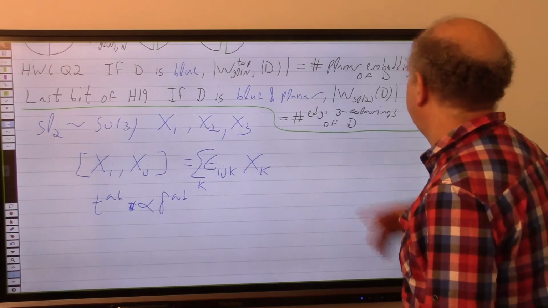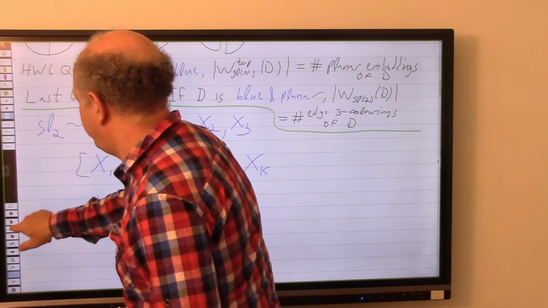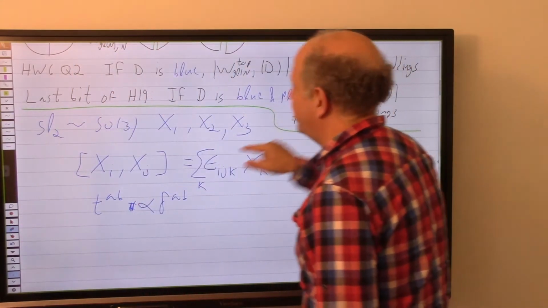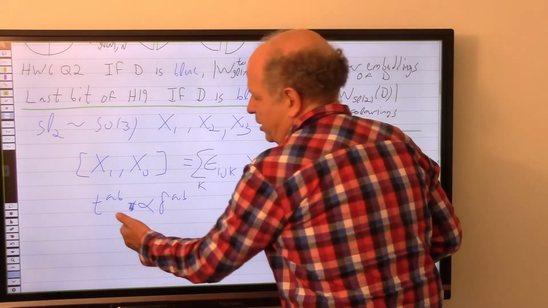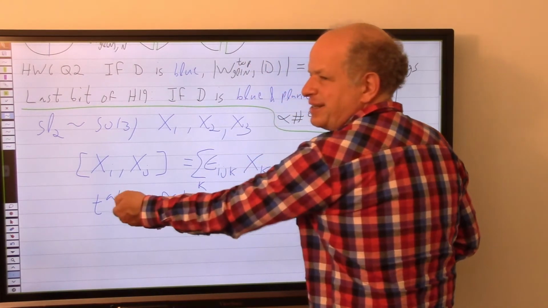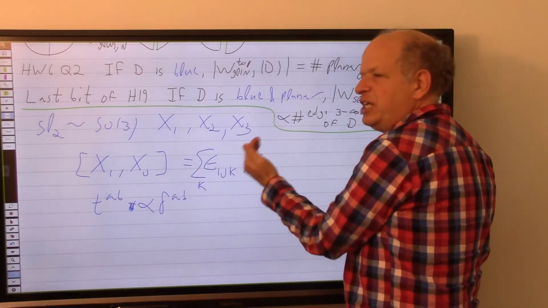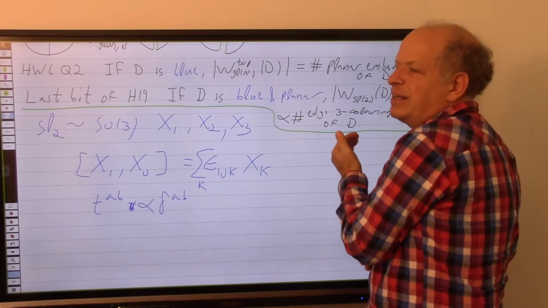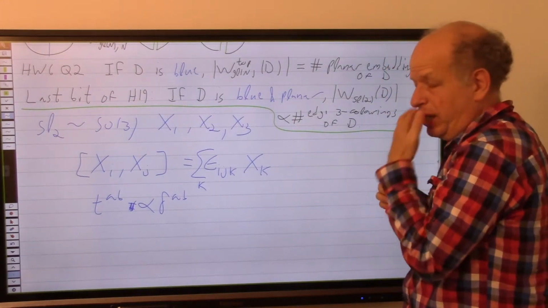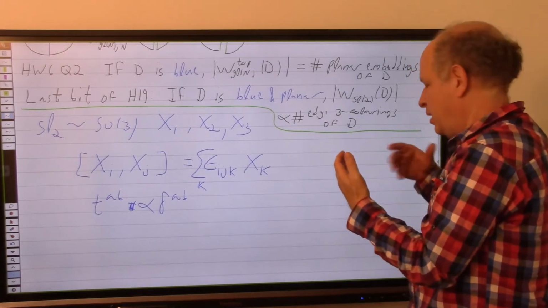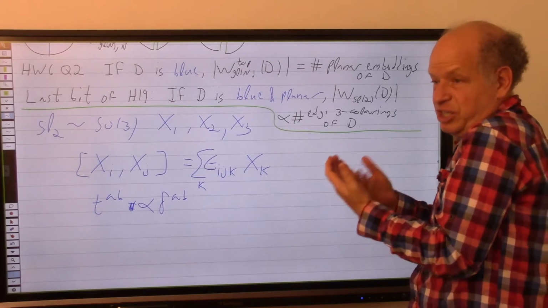So I lied to you. This is here not equal to the number of edge 3 colorings. It's only proportional to the number of edge 3 colorings. But the point is that if you multiply T by 7, T appears once for each edge. So you end up multiplying the overall weight of the diagram by 7 to the power of the number of edges, which is a fixed number.